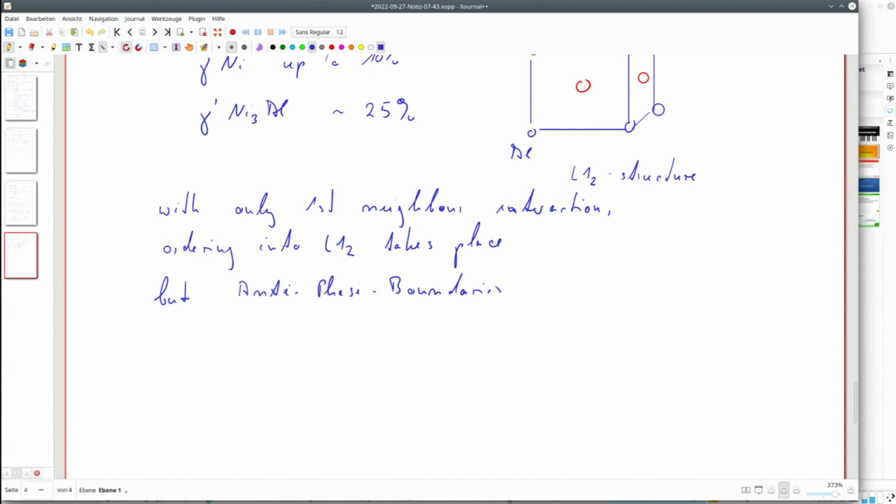I write it with uppercase because it's typically abbreviated as APB. And a special orientation of these APBs if they lie on 100 planes.